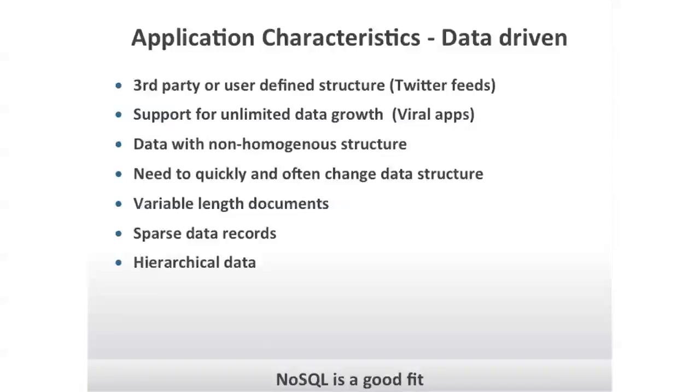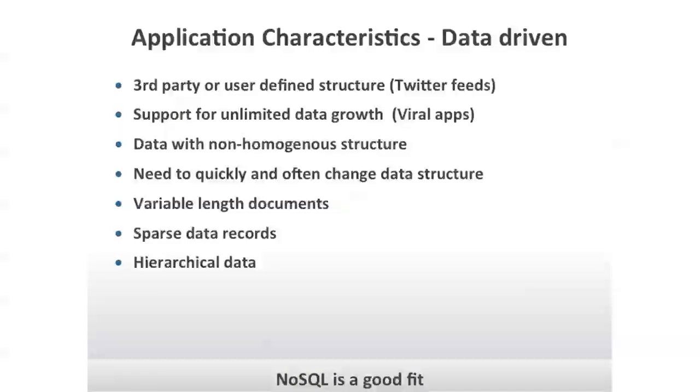Whereas in case of Couchbase, you can use the flexible data model, which supports JSON documents, where each document can have a different structure entirely. So one document can have different attributes, and the other document in the same database can have different attributes. So we support that. Any requirement such as data with a non-homogeneous structure is definitely a best fit for a document database.